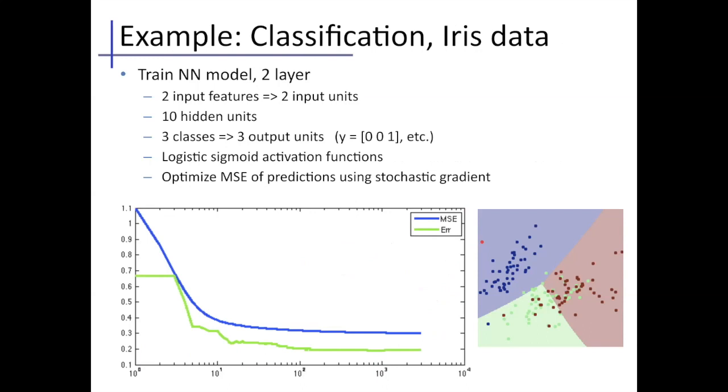This shows you another example, based on classification. That's the example we mentioned previously, the Iris data classification example, and you can build a multi-layer neural net to do this. In this demo I only use two features. So you have 2 input features, then 10 hidden neurons, and then three output neurons, because we want to predict 3 different classes.